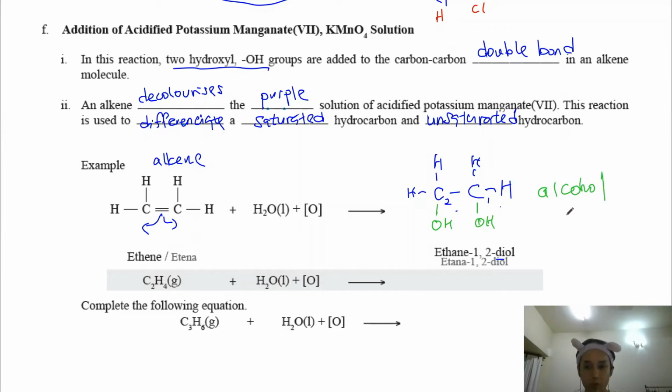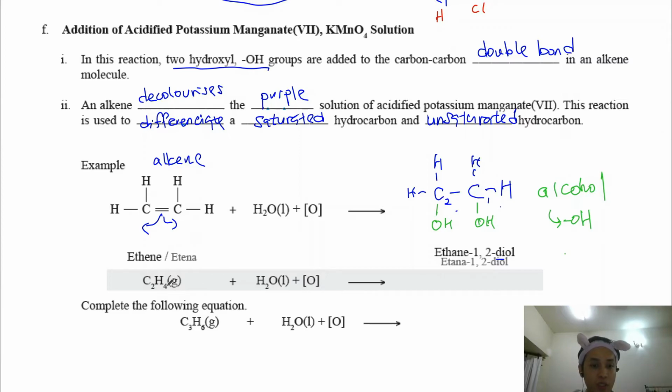When we say alcohol, it means you have an OH group in the structure. In this case, since I have two OH, it's called diol. If I only have one OH, it would be called ethanol. From now on, you need to understand that if you see an OH group in the structural formula, that is an alcohol.